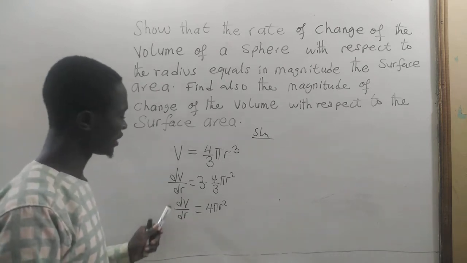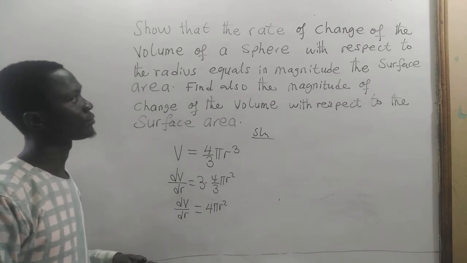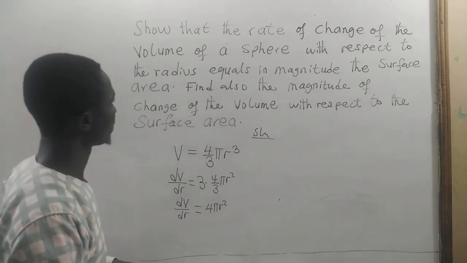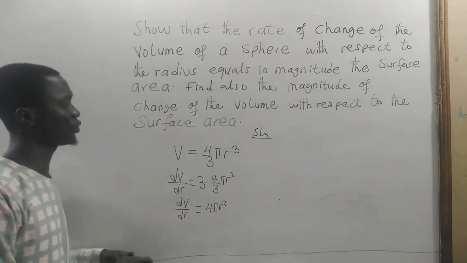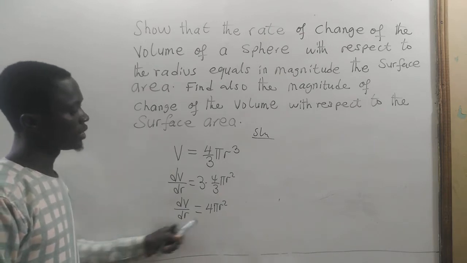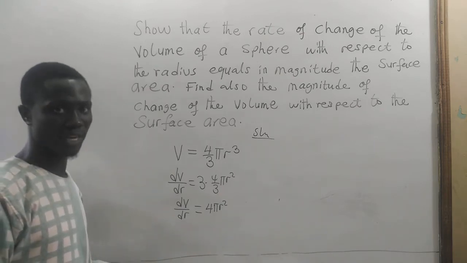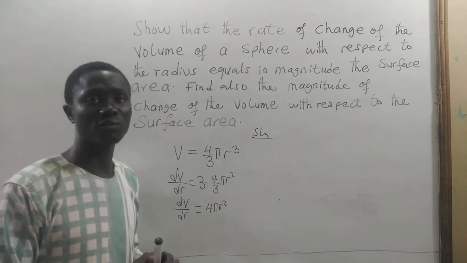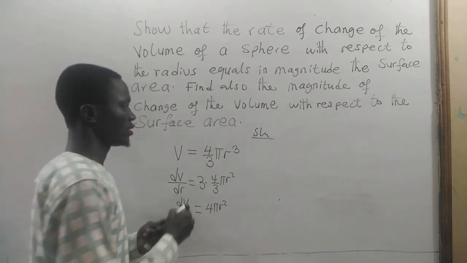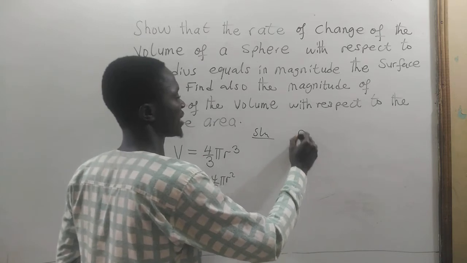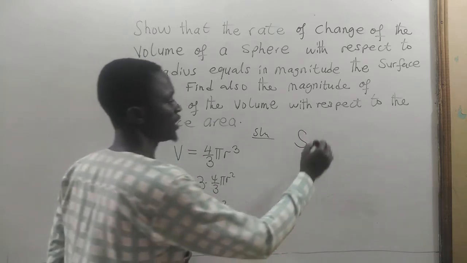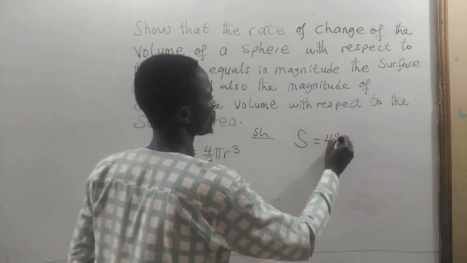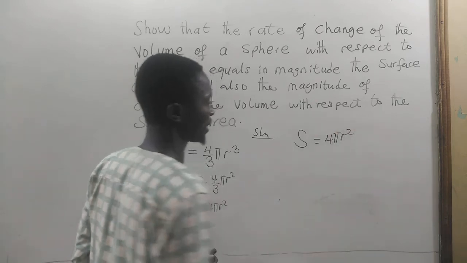So here you see that the rate of change of the volume of a sphere with respect to the radius is equal to 4 pi r squared. And what is the formula for finding the surface area of a sphere? The formula for finding the surface area of a sphere is equal to 4 pi r squared.